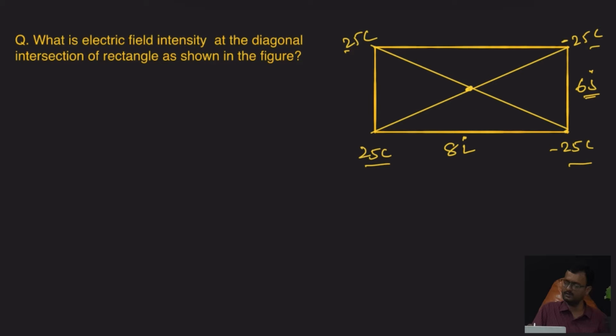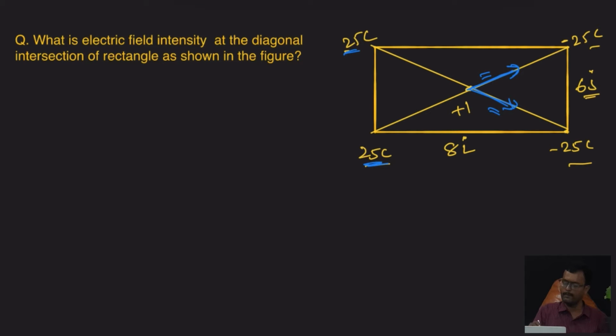The unit positive charge is here. This plus 25C repels along this direction, and minus 25C attracts in this direction. This 25C repels the unit positive charge along this direction, and minus 25C attracts the unit positive charge along this direction. See here, two vectors are in the same direction. Here also two vectors are in the same direction.